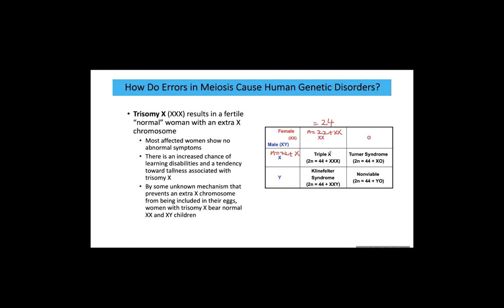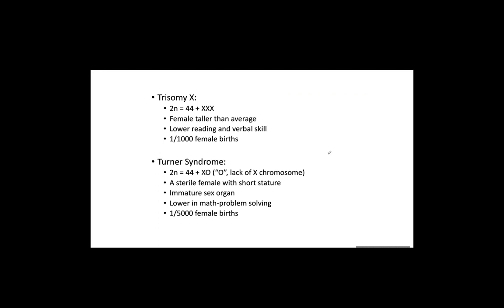Women with trisomy X bear normal XX and XY children, so in terms of reproduction there is not much problem. One more time, trisomy X has 3 copies of the X chromosome. The female is very tall, and the frequency of trisomy X is 1 out of 1,000.